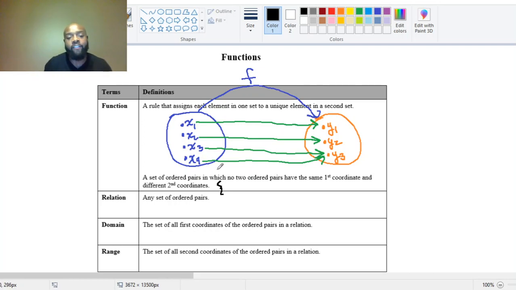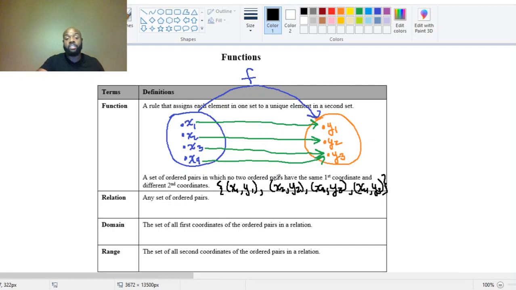And so if I were to write this using ordered pairs, then I can use x1 comma y1 because x1 got assigned to y1. This is in the first set. This is in the second set. My next ordered pair will be x2, y2. Then we have x3, y3, and then we have, I did that incorrectly, x4, comma, y sub 3, because that one got sent to y sub 3 as well.